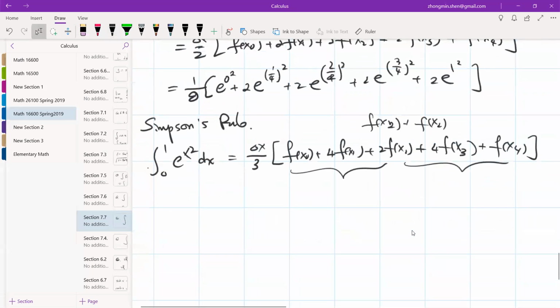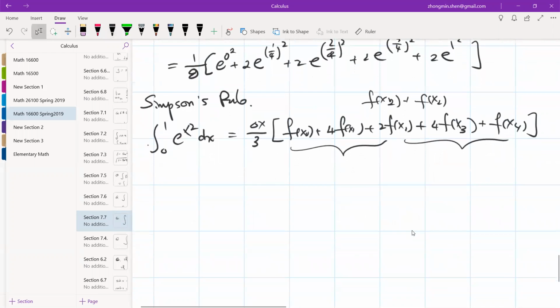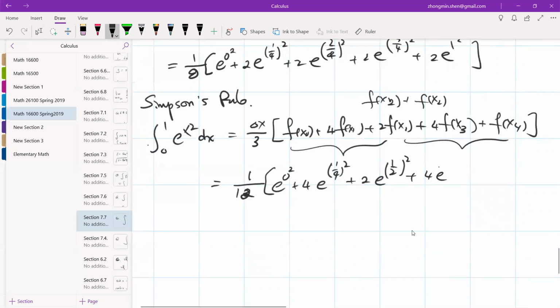So delta x is 1/4, so with the 3 it's 1 over 12 actually. And the first term is e to the 0 squared, 4e to the 1/4 squared, 2e to the 1/2 squared, and 4e to the 3/4 squared, and e to the 1 squared.